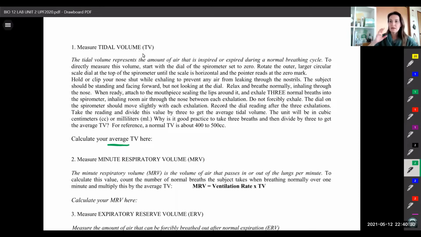And then you take 1 breath in, right? And then you exhale into the spirometer. Move away, 1 breath in, exhale into the spirometer. Move away, inhale, and then back to the spirometer to exhale. So like I said, it's a little unnatural in terms of the movements you undergo, the inhale, the exhale, and making sure that the exhale is always into the spirometer.